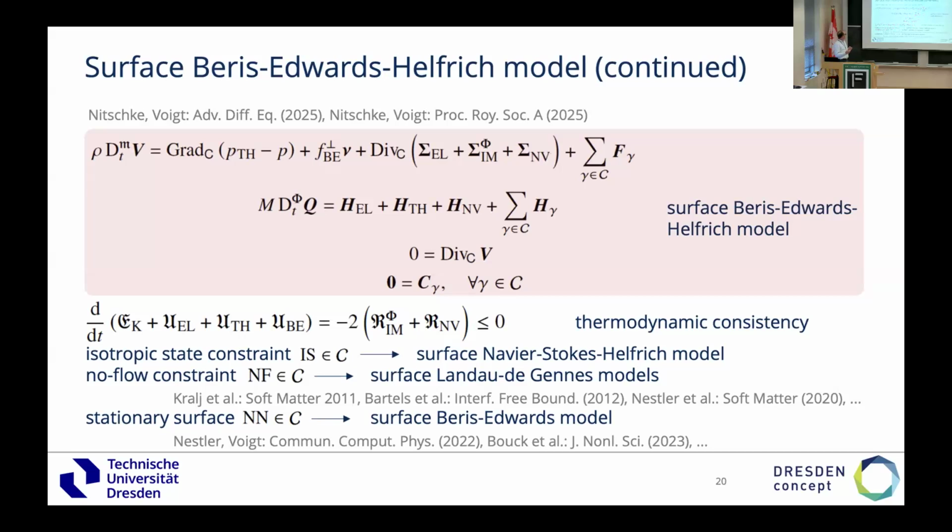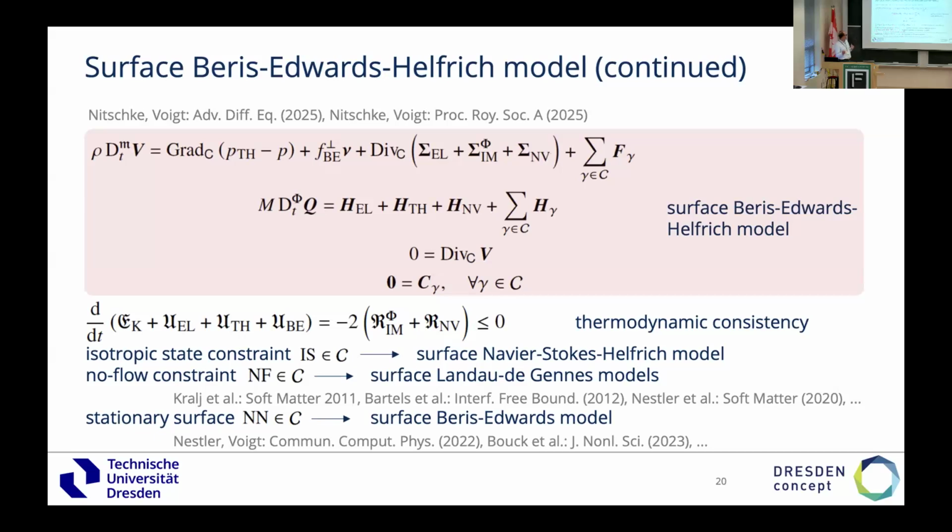For example, this isotropic state constraint, so kind of ignoring all the effects of Q. Then we are back to our surface Navier-Stokes Helfrich model. Or saying that we want no flow, kind of an overdamped limit of this equation. We can incorporate this.